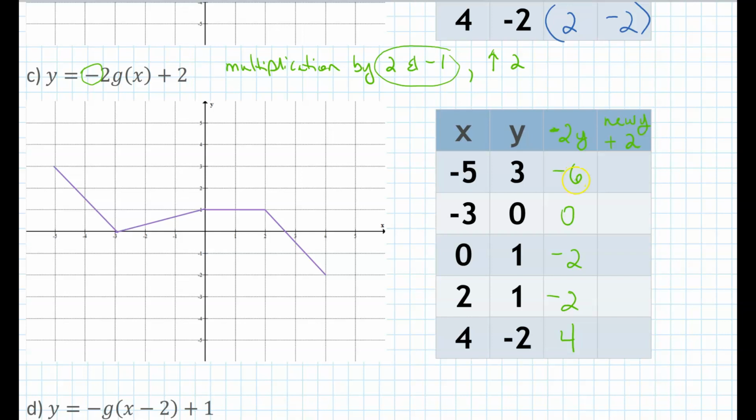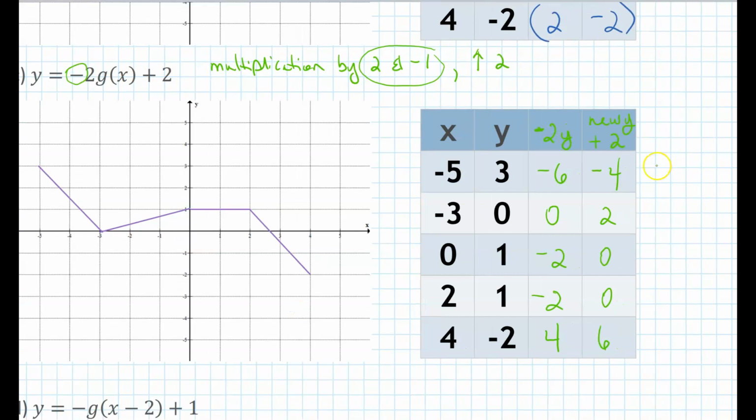Okay, so our new y is -6 plus 2, which is -4. 0 plus 2 is 2, and -2 plus 2 is 0, and we get that twice. And then 4 plus 2 is 6. So our new coordinates, again, x didn't change, so x is still -5, but after the transformations, y is now -4.